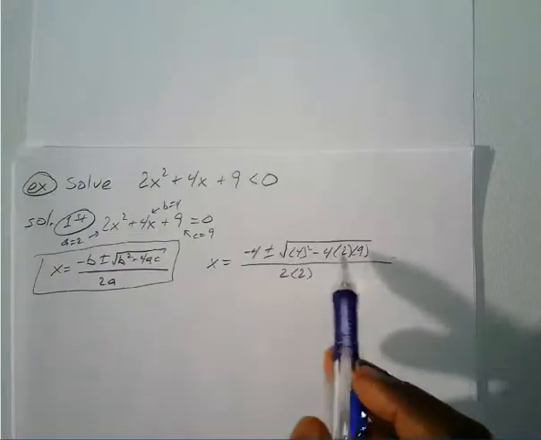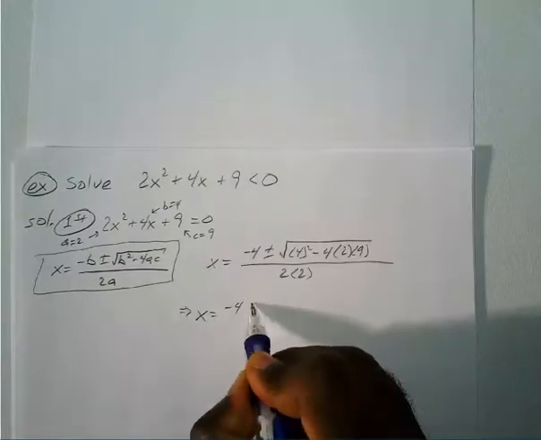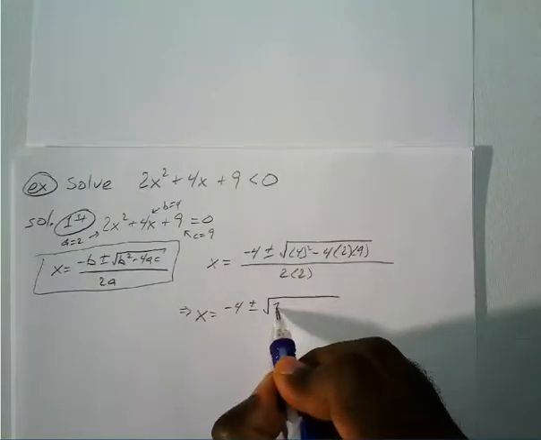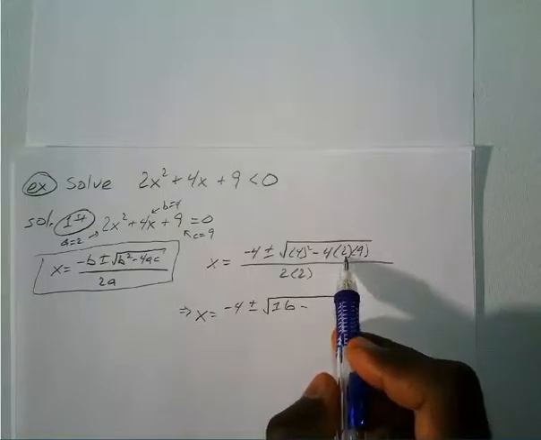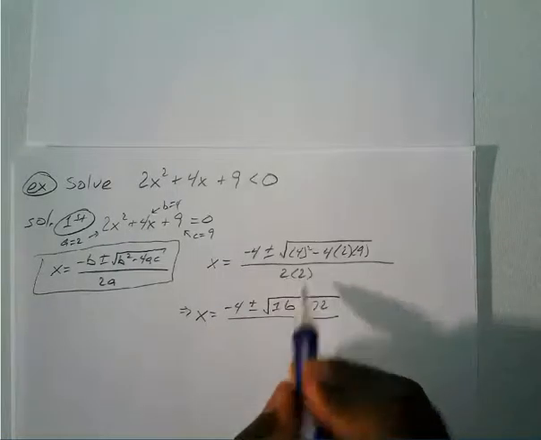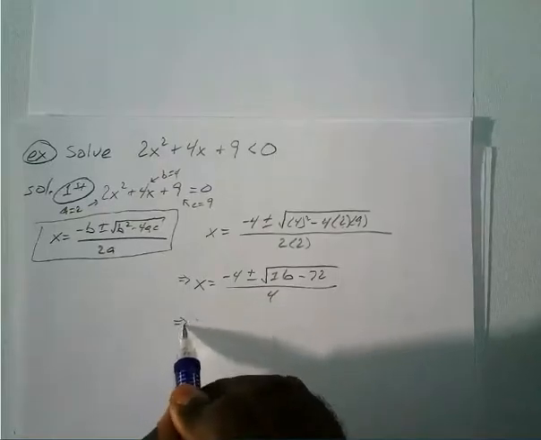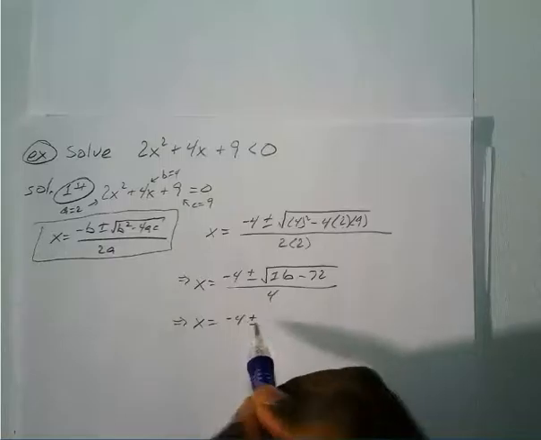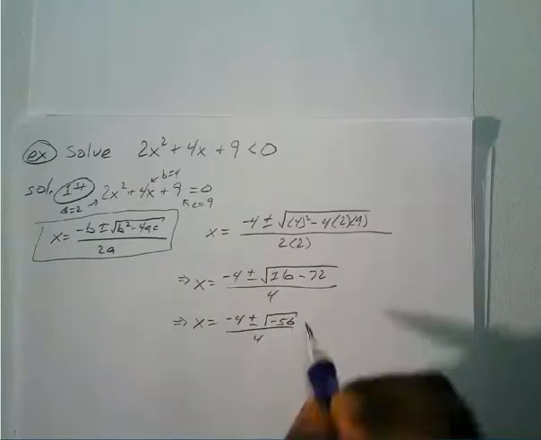Okay, so if we start simplifying things, we have x equals negative 4 plus or minus the square root, 4 squared is 16, minus 4 times 2 is 8, 8 times 9 is 72, all over 2 times 2, which is 4. Okay, so that gives us x equals negative 4 plus or minus the square root of negative 56 over 4.